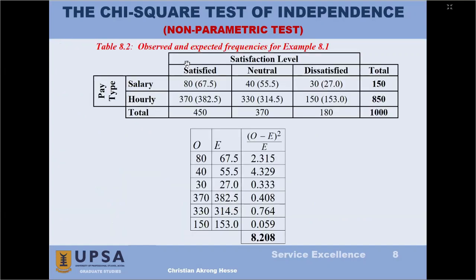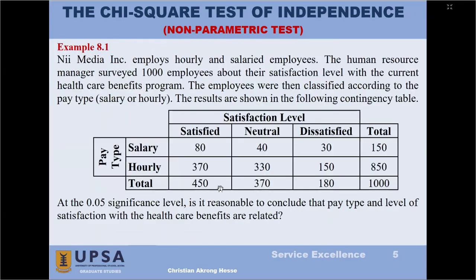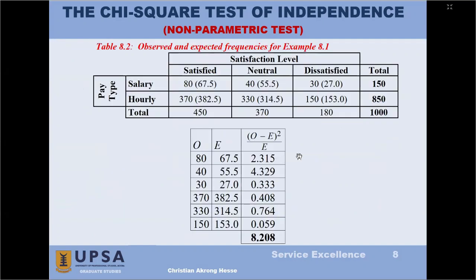I repeated the table here, but I added something in parentheses. You see the 80, 40, 30, 370, 330, 150 were originally given in the question. Are you seeing it? Yes. Good. So how did I obtain the ones in the brackets?